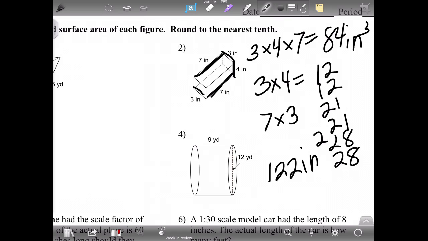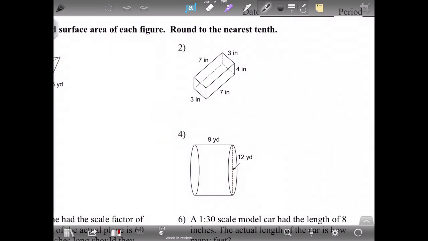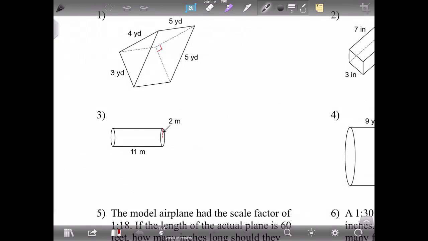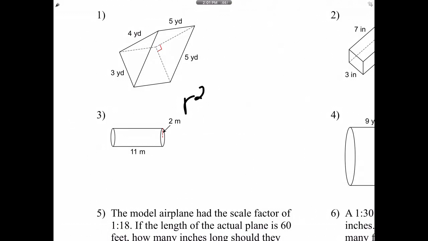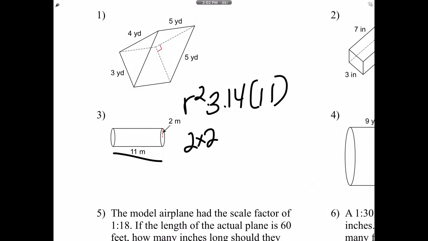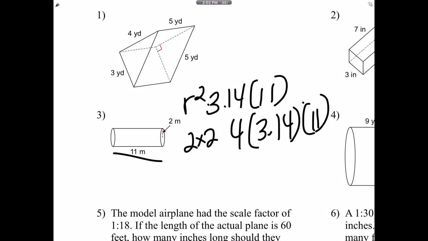Now I'm going to do 2 cylinders because those are a little bit, people are more confused. So first the volume is radius squared times pi times the height, which would be the length if it's not standing upright. So we have 2 times 2, which is 4, times 3.14 times 11.